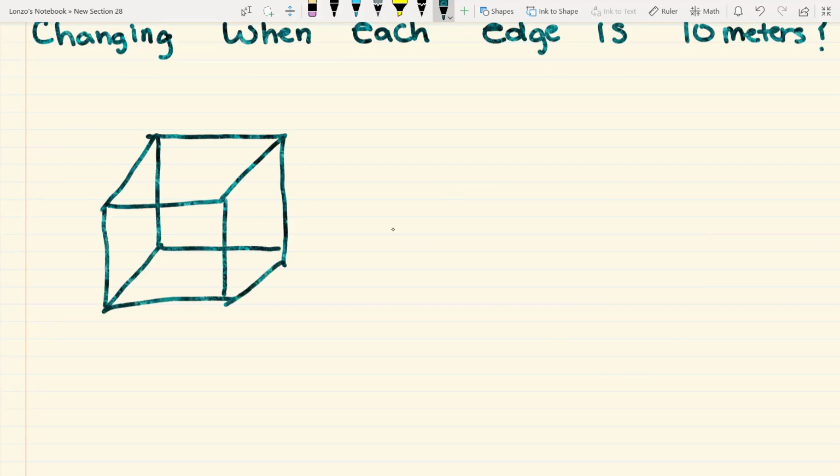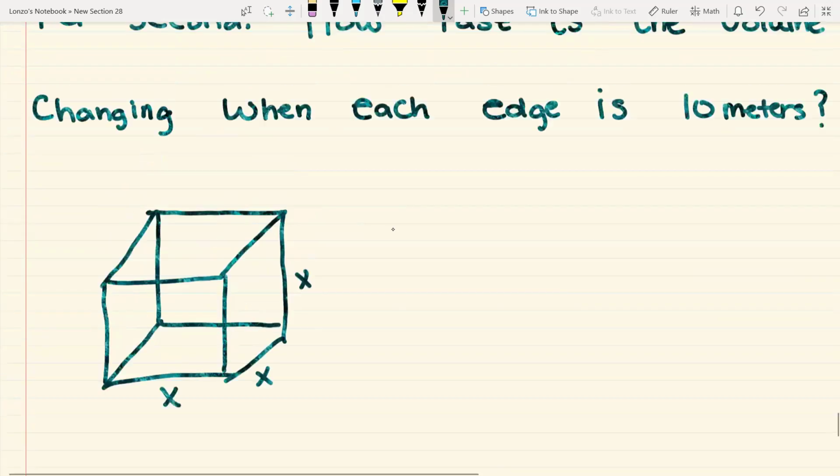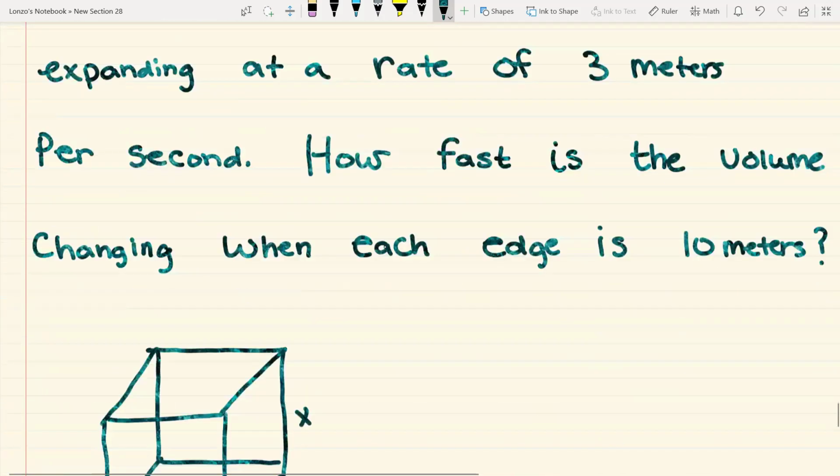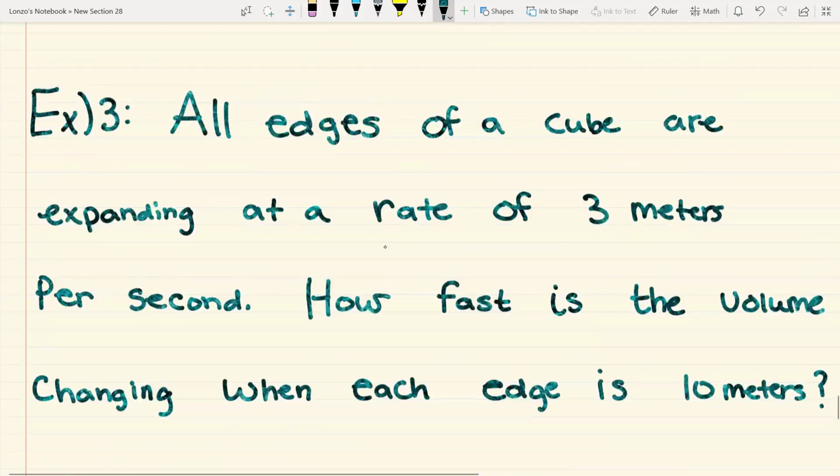This is not the perfect cube, but it is a cube. We have x, x, x, or you could say side, side, side, or y times y times y. It doesn't matter. All edges of a cube are expanding at a rate of 3 meters per second.